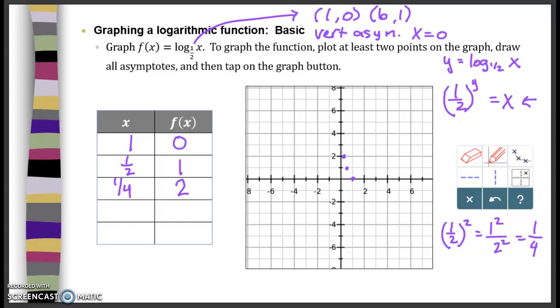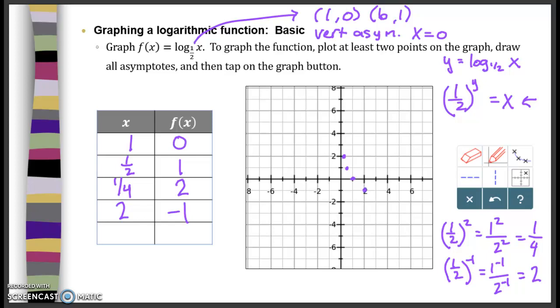Let's say I want to get output of -1. So exponential form, I would have 1/2 to the -1 power, which is 1 to the -1 over 2 to the -1, which is going to end up giving me 2. So if I put in an x value of 2 into my original equation, I will get an output of -1. So at 2, I'm at -1.